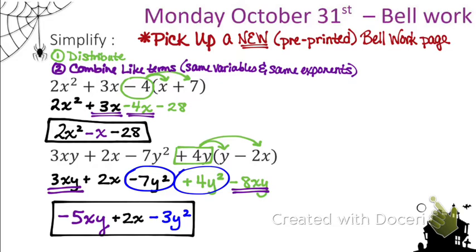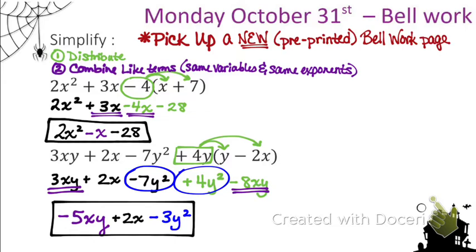Does it matter which order you write the variables, like if the x and y are switched, so it's yx? Good question. Did you hear Jaden's question? He asked, on the first term, negative 5xy, does it matter if I switch the x and the y, so it says negative 5yx?